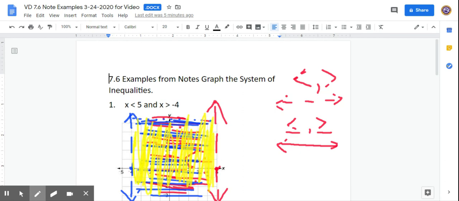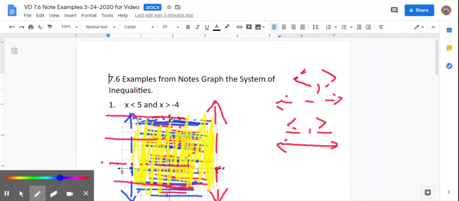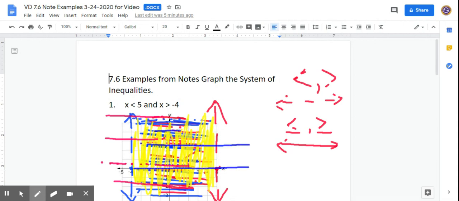So you see where they intersect. See how those go, they actually keep going this way for the less than, and for the greater than, they would actually keep going this way.